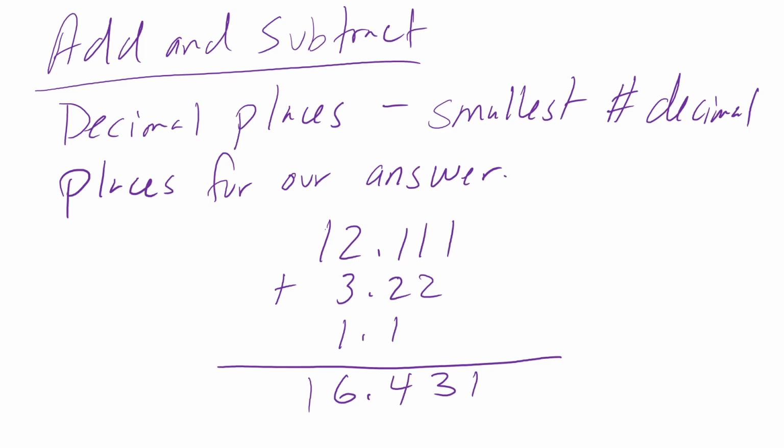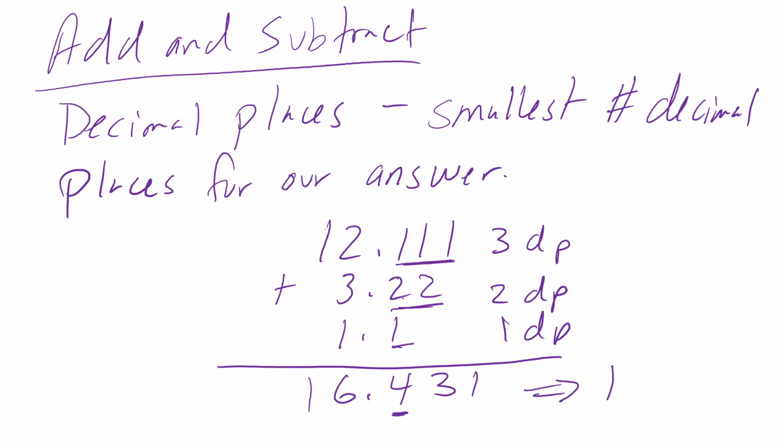So when we're looking at this, again, we're not looking at significant figures here. We are looking at decimal places because we're adding, and we look here: that is 3 decimal places, that is 2 decimal places, that is 1 decimal place. That means my answer should end up at 1 decimal place, which is right there.